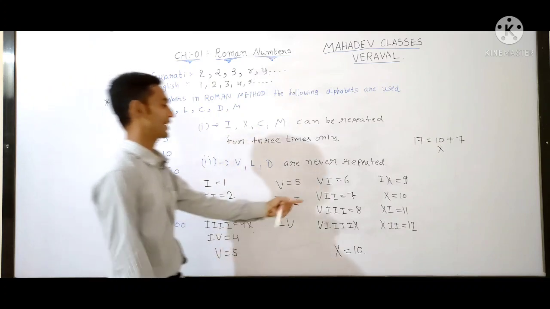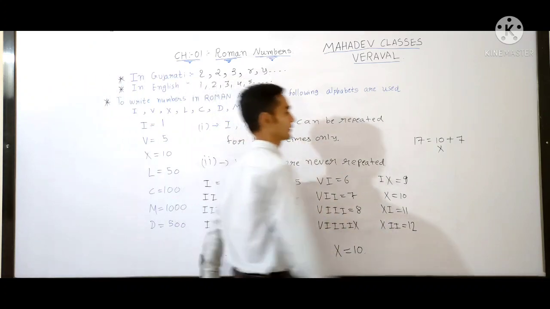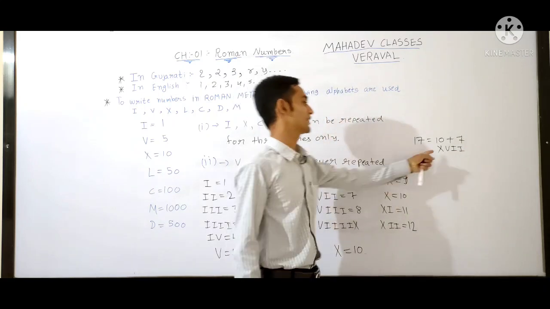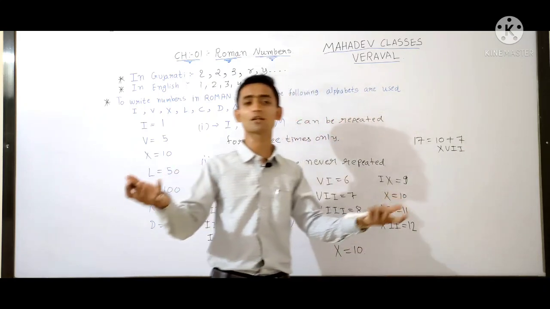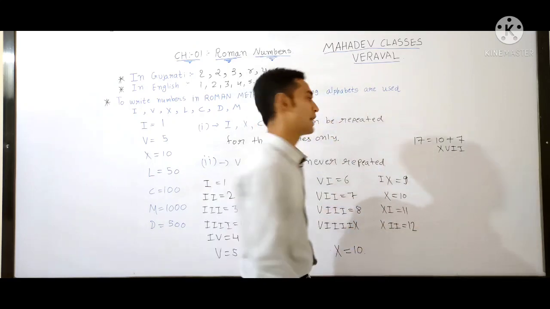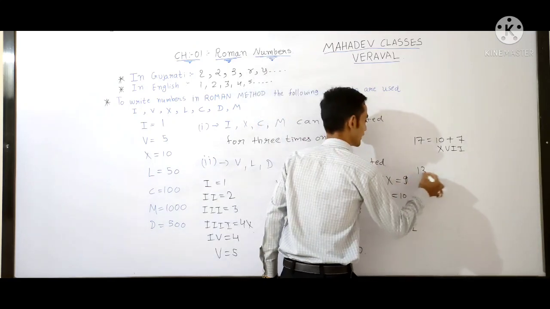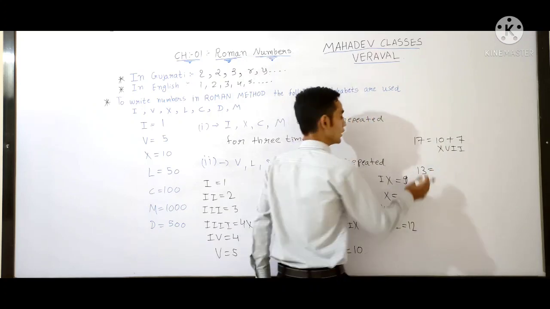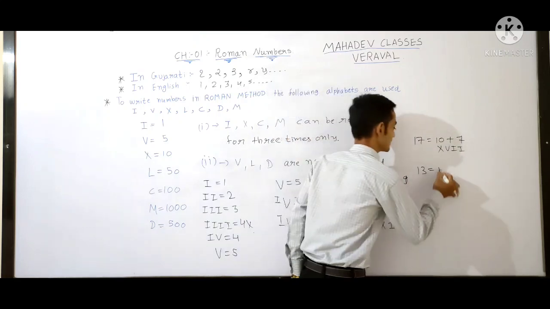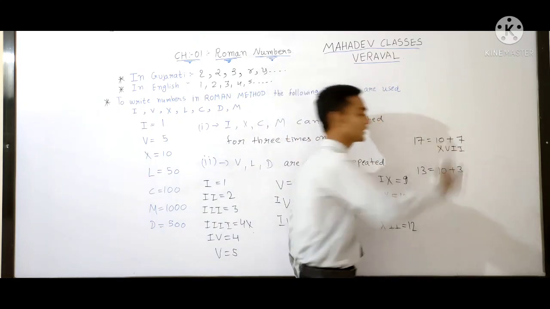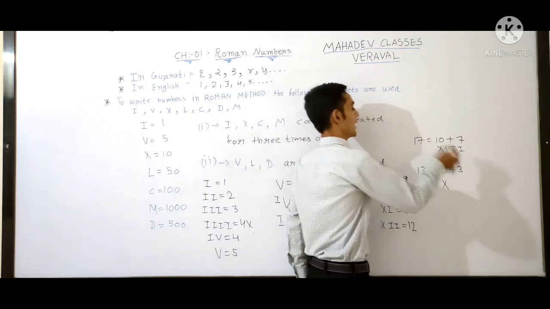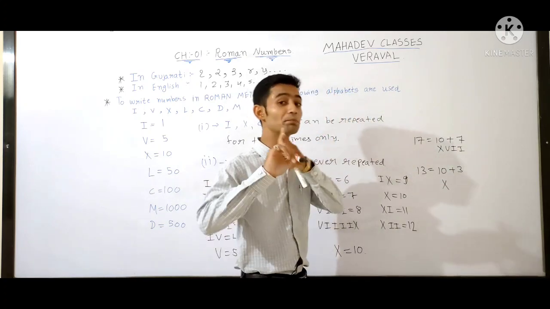We have already learned that: V and double I. So we get XVII as the Roman number of 17. Similarly, if somebody asks you to find the Roman number of 13, you have to split this number. 13 can be written as 10 plus 3. You know the Roman number of 10 is X, and the Roman number of 3 is triple I.